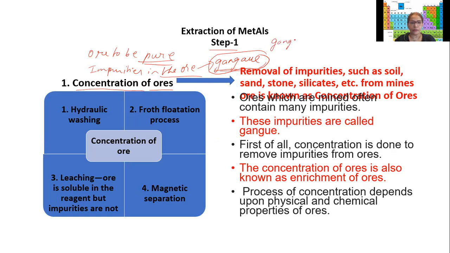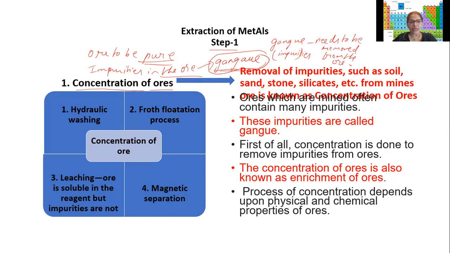The gangue or impurities need to be removed from the ore. Okay, so there are various procedures, various ways, methods to remove these impurities from the ore. So what are the impurities first?